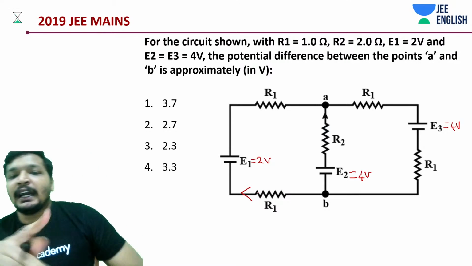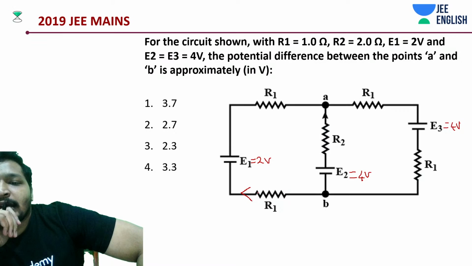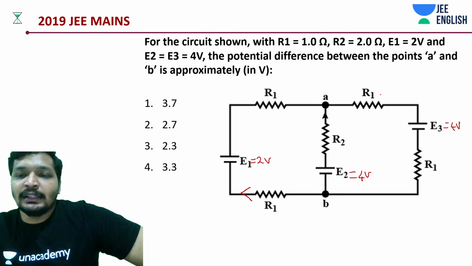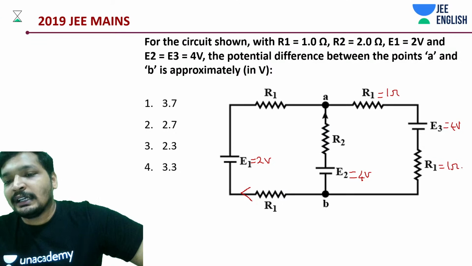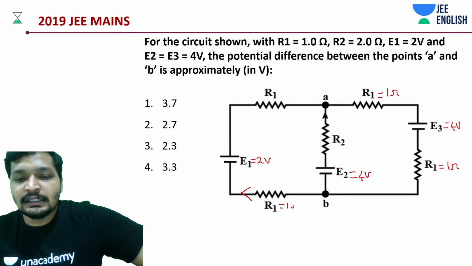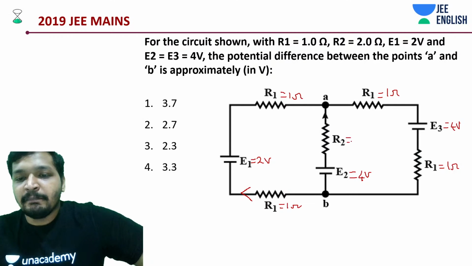If current is flowing in this direction, your answer should be greater than something like near about 2. This is 1 ohm. This is a very rough prediction. Don't just trust me.